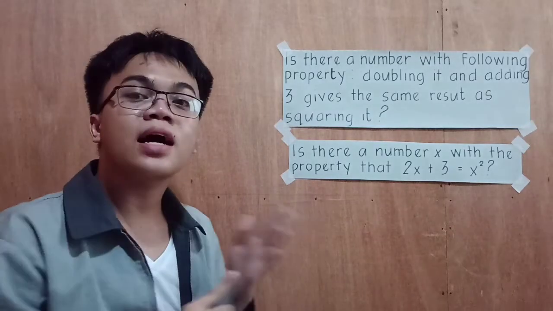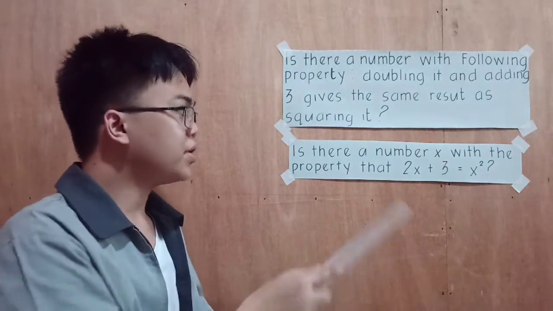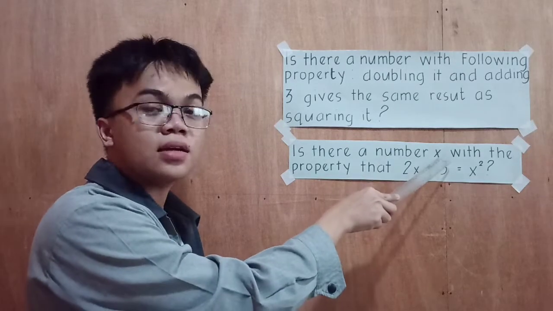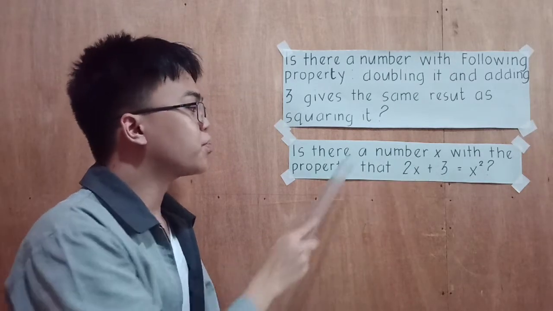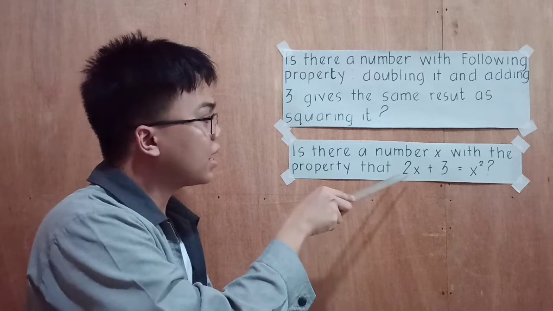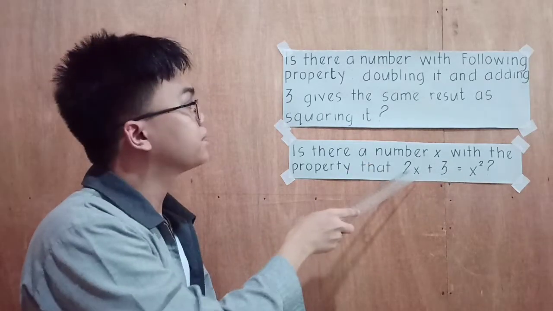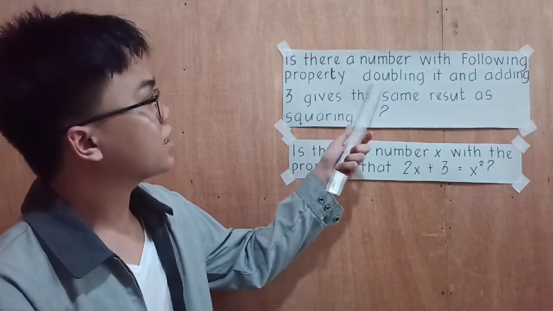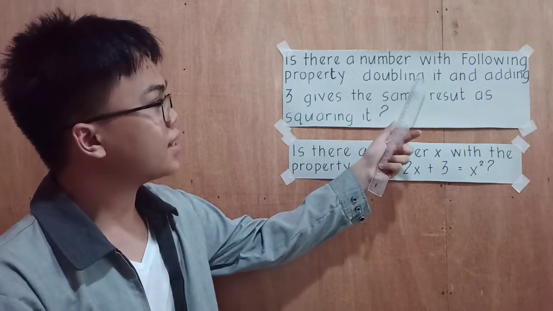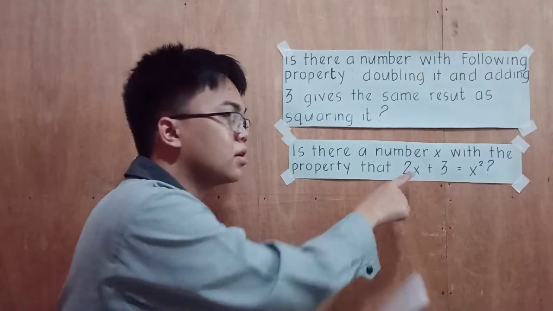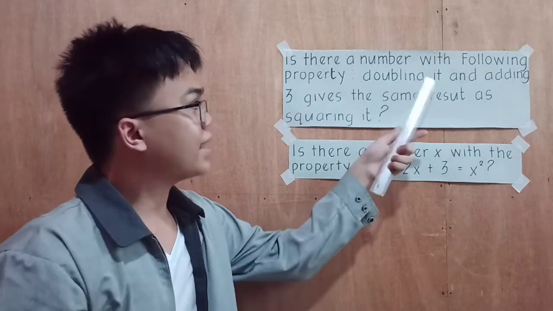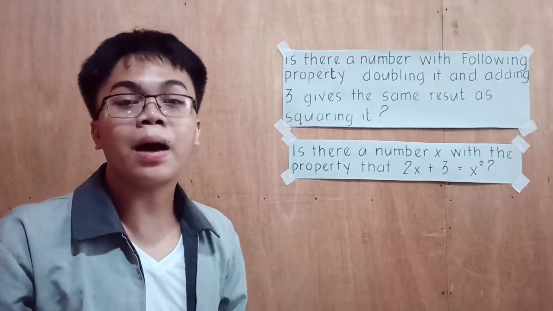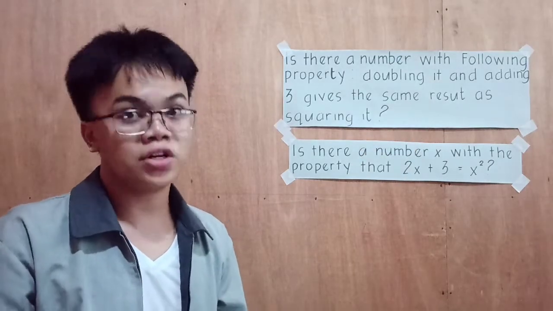So dahil nga sa ang hinahanap natin is yung number, pwede natin siyang i-represent as an x with the property that... paano naman to naging ganito? So, dahil dito. Ang sabi dito, doubling it. Doubling means double it. Dahil nga sa ambiguous word yung it, papalitan natin siya ng variable.